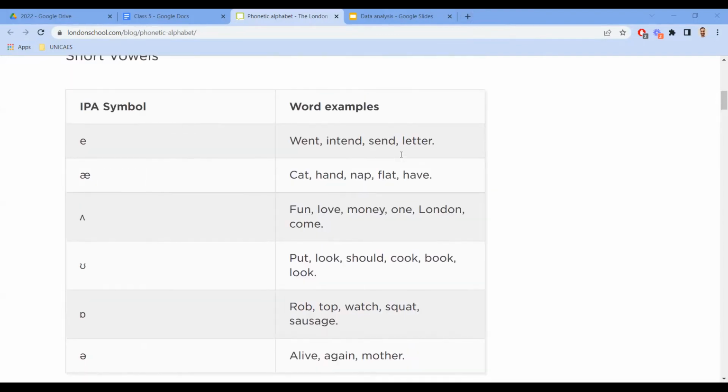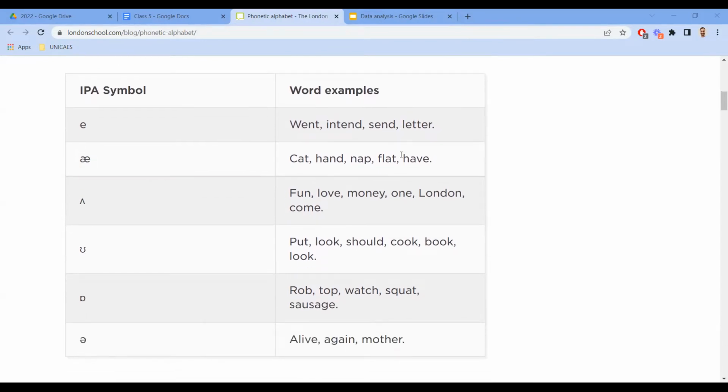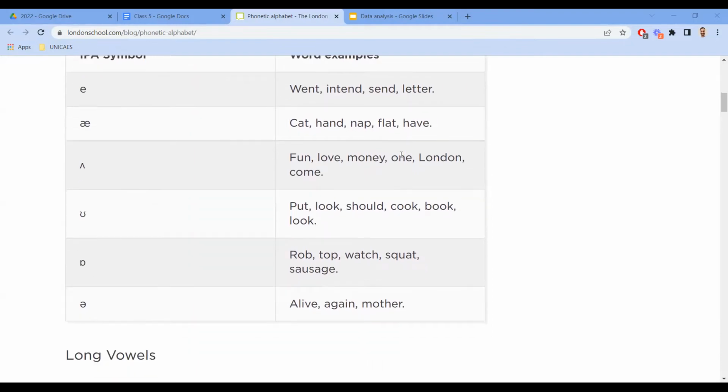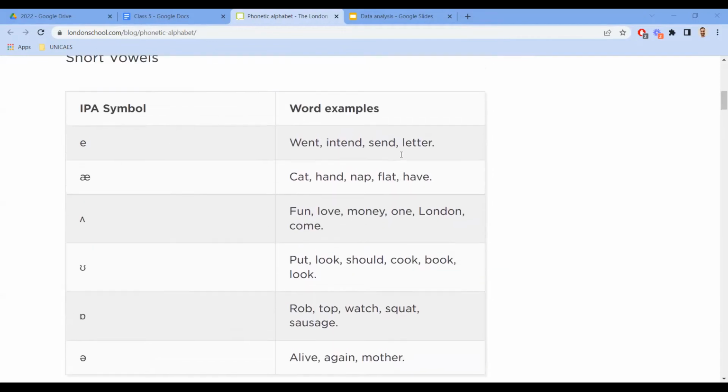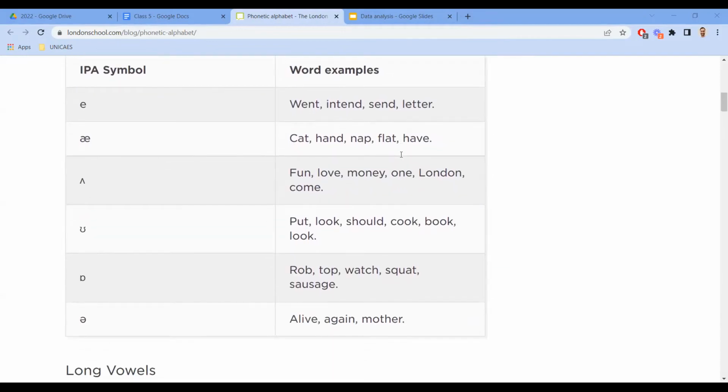So we have the vowels, as I always say, if you want to study more about IPA, focus on the vowels first, right? We start basically from the simple ones that are the short vowels, with the exception of the schwa, the last one, that is a huge problem even to write, because it's like the e but upside down, right?